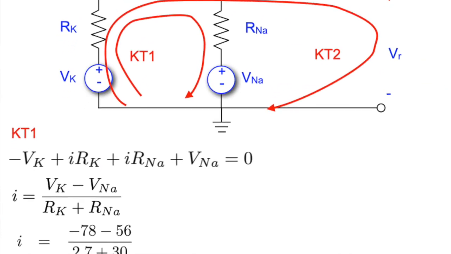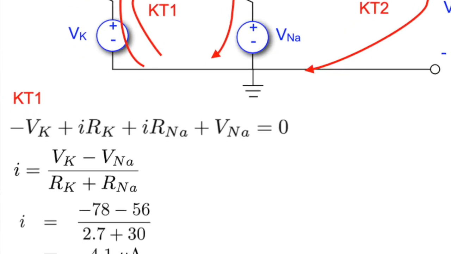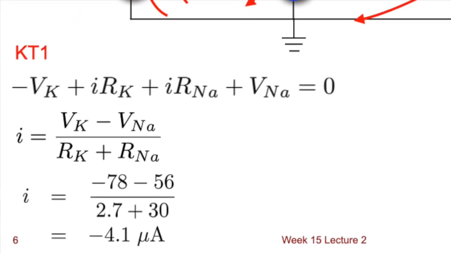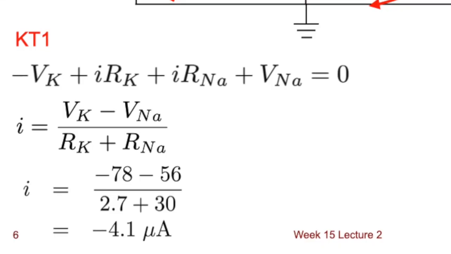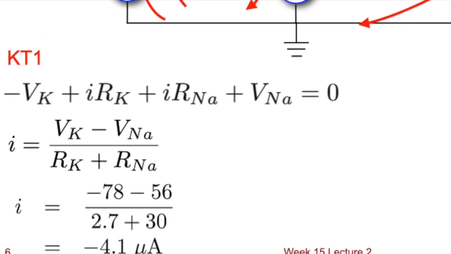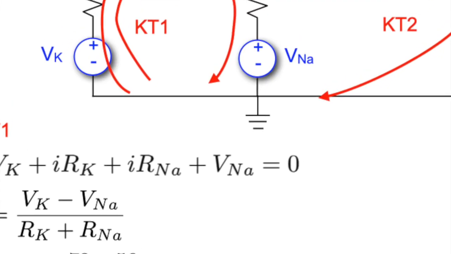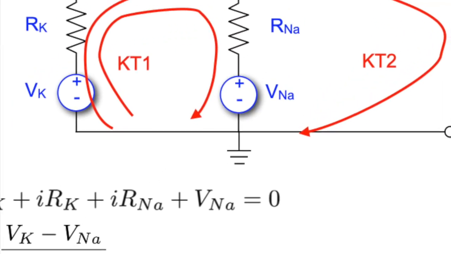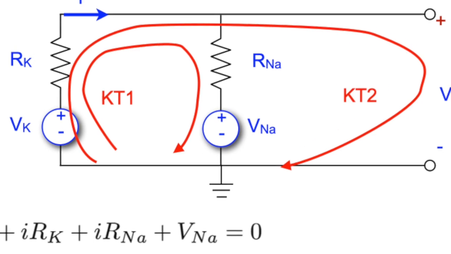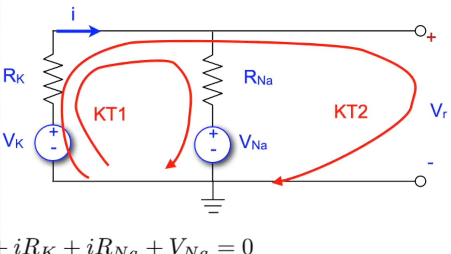Here's the result of the Kirchhoff loop analysis for the first Kirchhoff loop. From that, I can compute the current I, which of course only flows in the left-hand loop of the circuit. The right-hand loop is an open circuit, and the reason it's an open circuit is because we're going to use a Thevenin equivalent circuit.